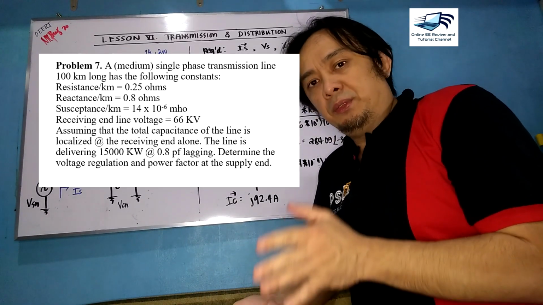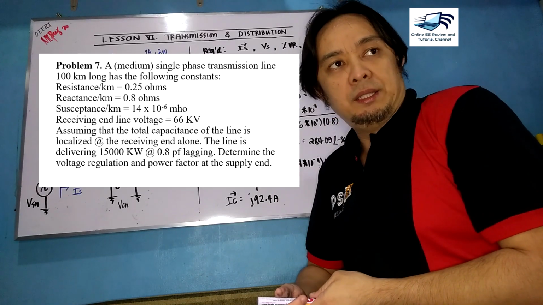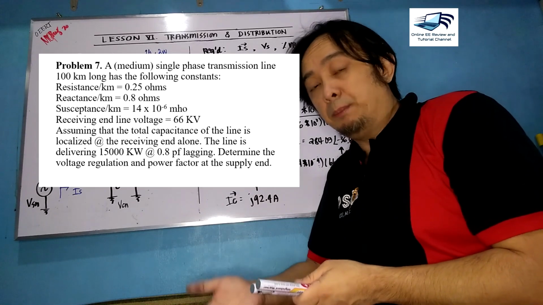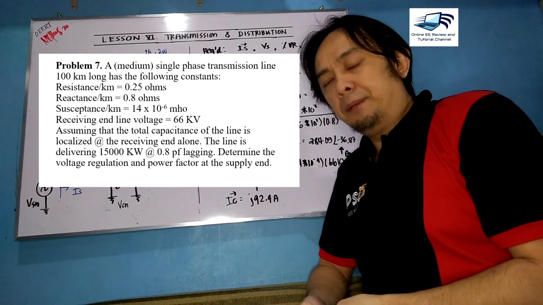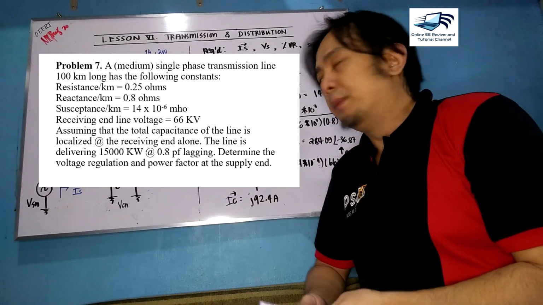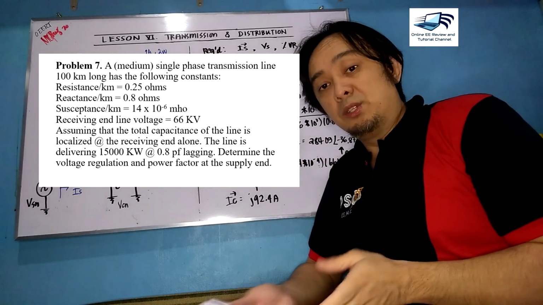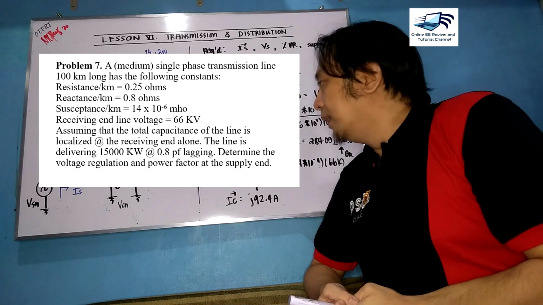So if the line supplies 15,000 kilowatt at 0.8 power factor, we need to determine the voltage at the sending end, the current at the sending end, the voltage regulation, as well as the supply power factor.